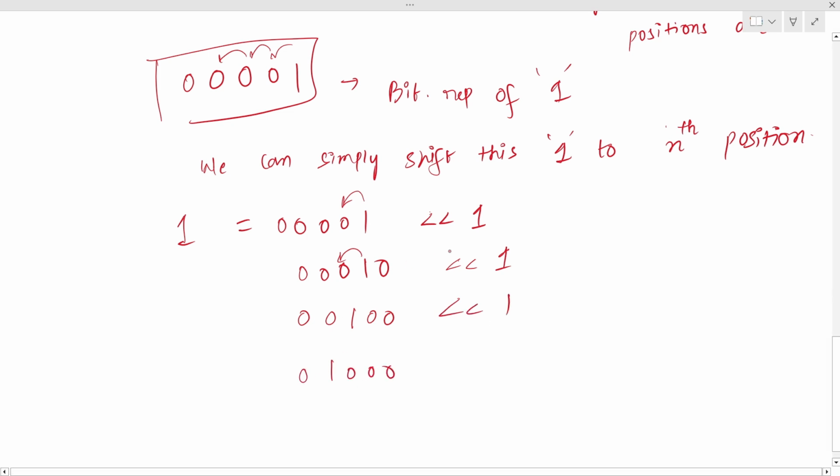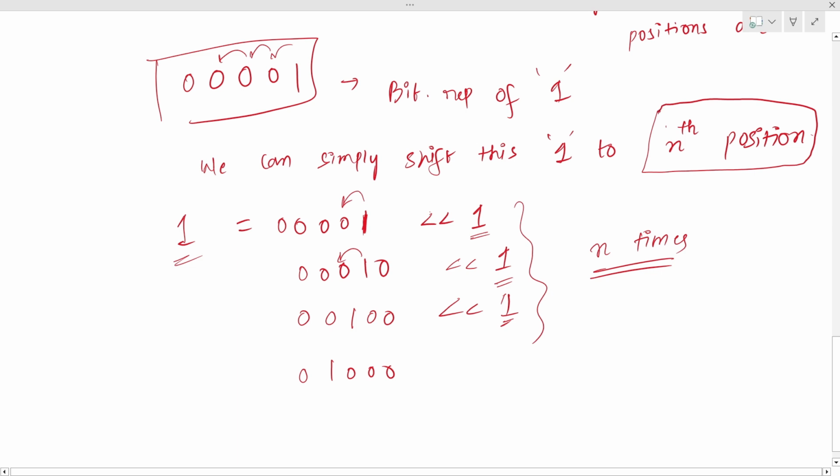So you can clearly see that we are left shifting this number 1 many times. Instead of doing many times, do it for n times. If I do it for n times, I mean based on the n value, then my 1 will be at the nth position. That brings your answer.